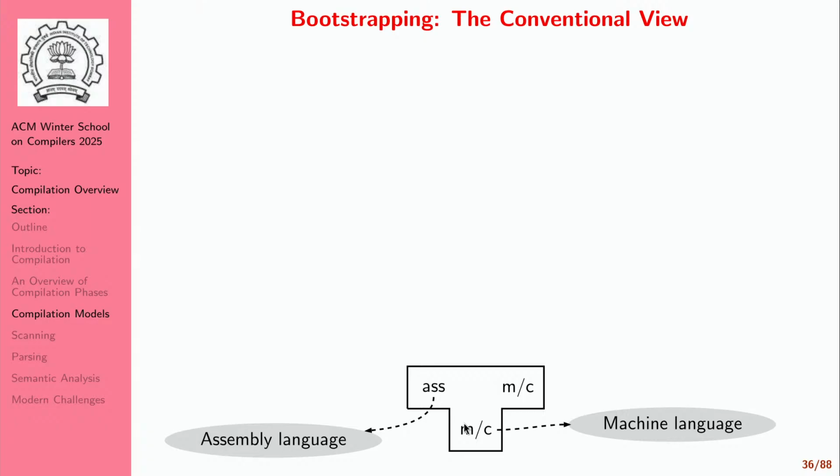That is easy to write because assembly instructions are very simple. You have an instruction opcode and you have the operands. So you have to take this and encode it in the machine instruction. So that's very easy. So you can write it in machine language. Now you have an assembler.